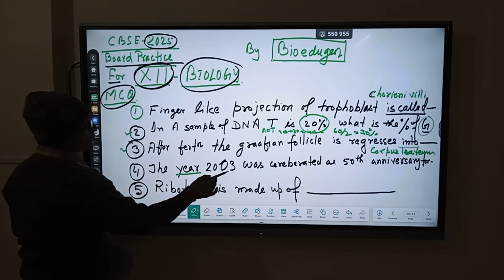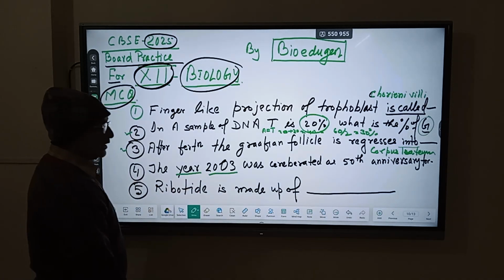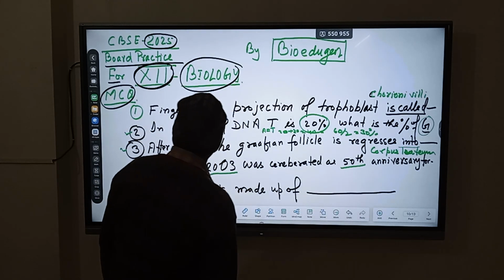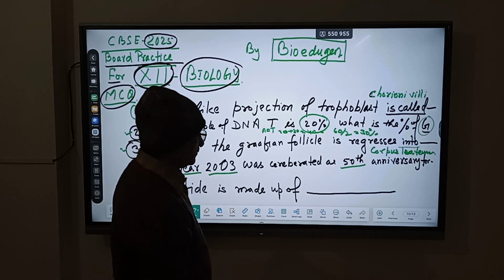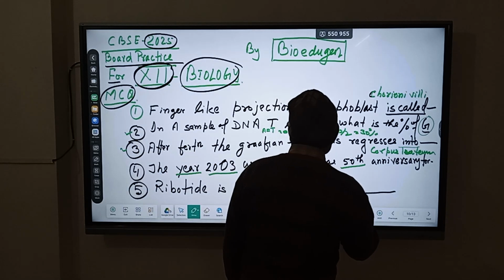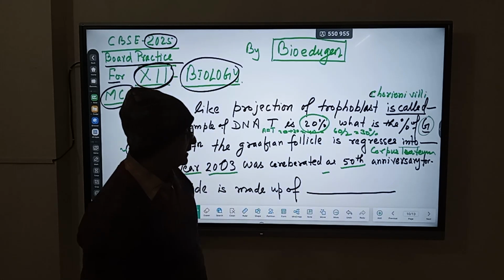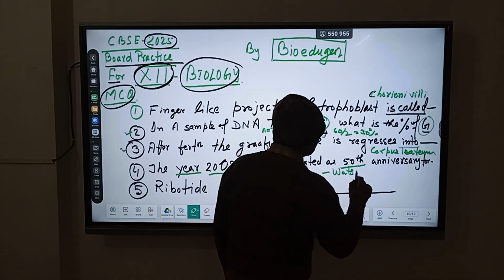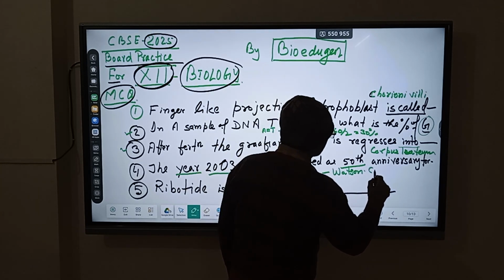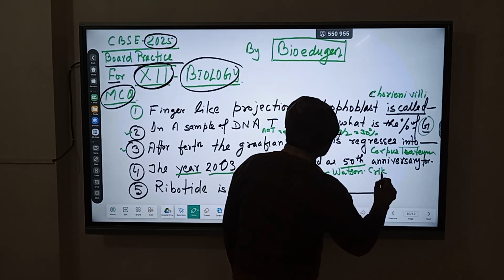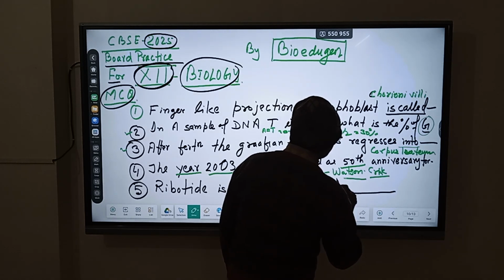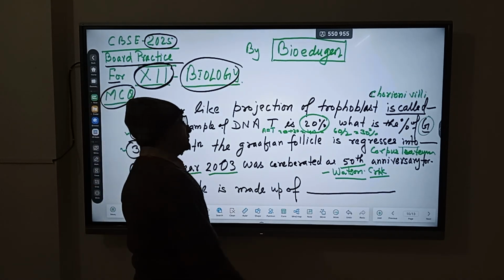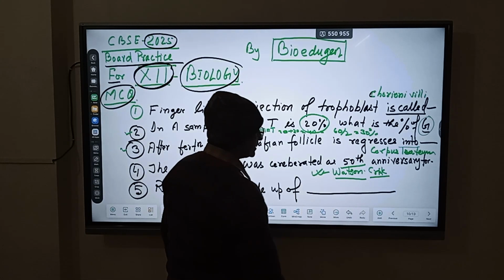The year 2003 was celebrated as the 50th anniversary for what purpose? For the discovery of DNA, the model given by Watson and Crick. Watson and Crick gave the double helical model of DNA, and hence this anniversary in 2003.